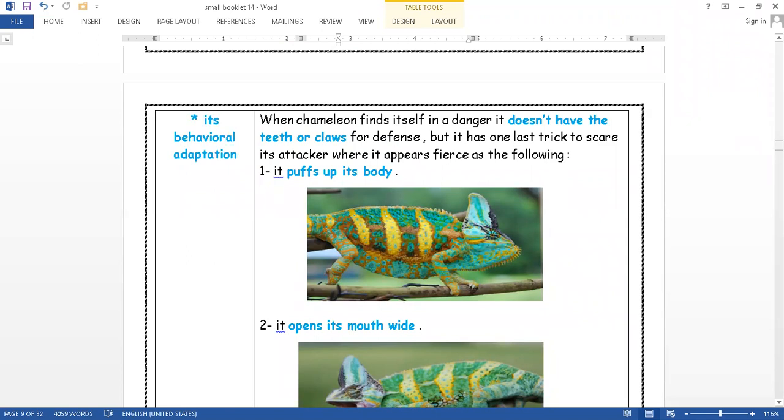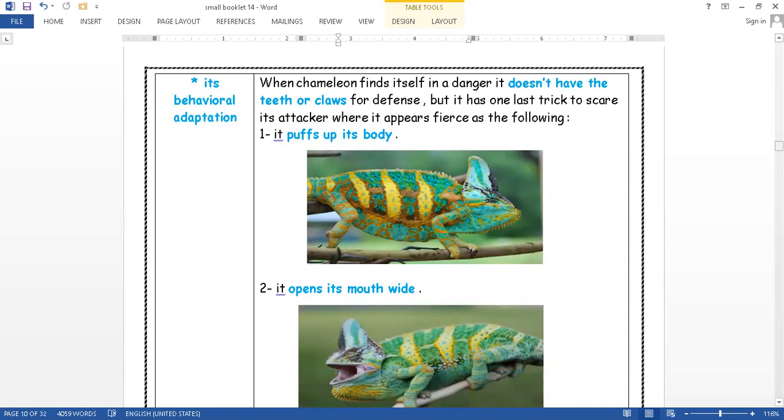Number one, once this animal feels that there is any danger around it, it starts to puff up its body. What is meant by puffing up its body? It means to increase its size. Why? To make other animals scared of it. Okay. Number two, it starts to open its mouth very wide, Junior 4. Why? Also to protect itself from any other dangers.